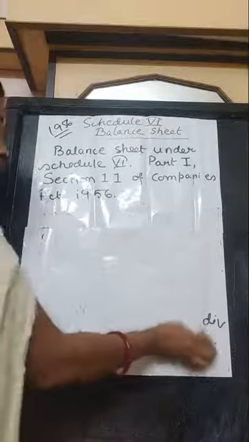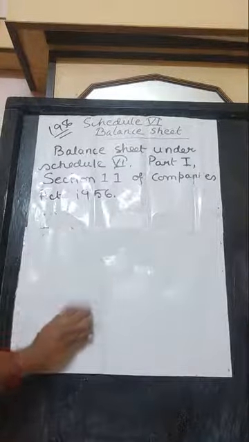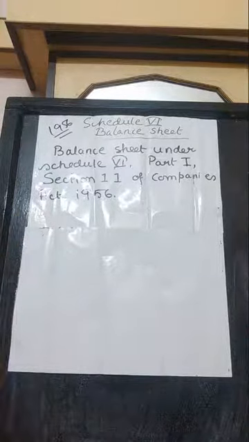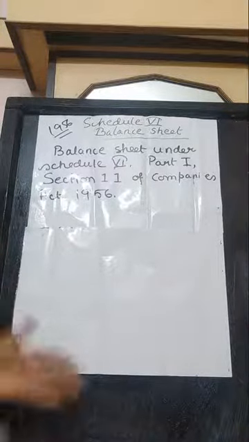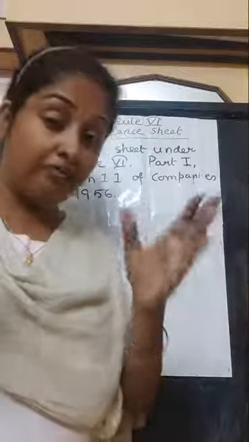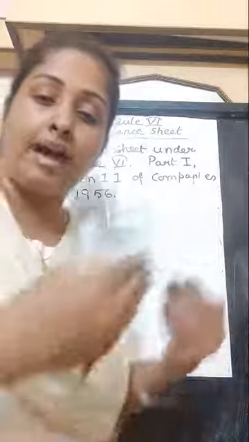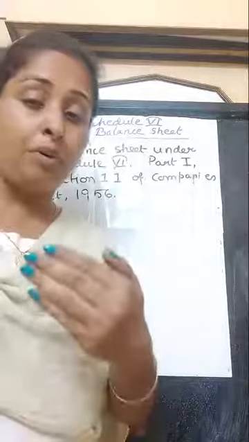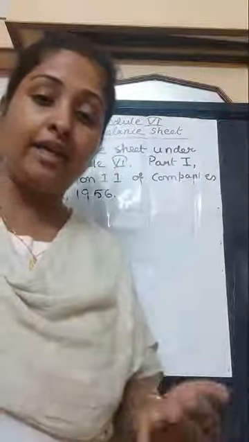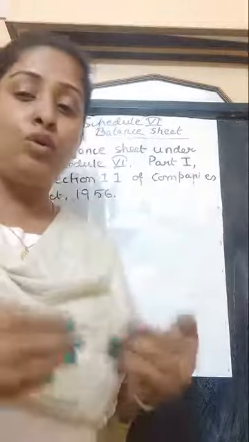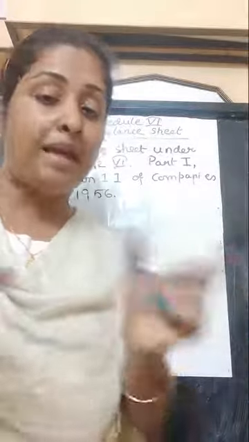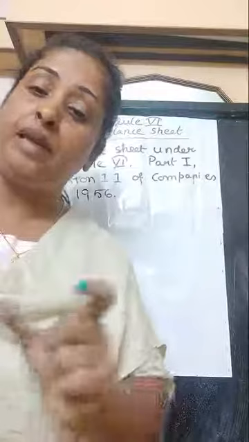You can't miss a single point given over here. Why am I saying this? Because this heading carries 1 full mark. When you are given different items in the question paper, you have to take individual items, identify them and place them in the proper category, in the proper heading.